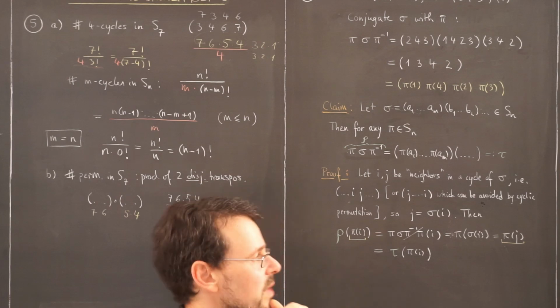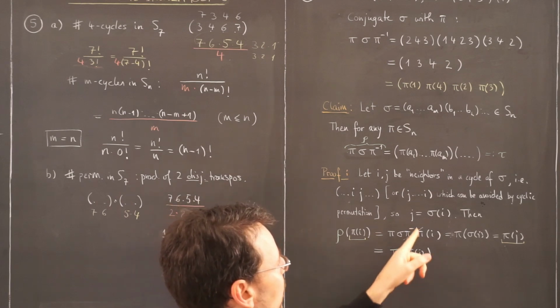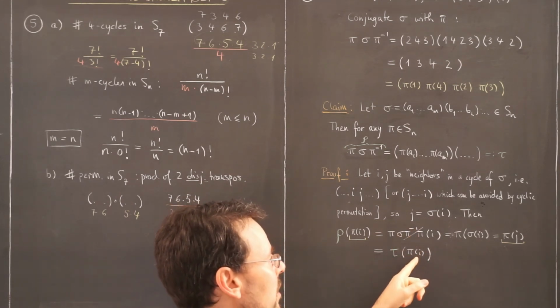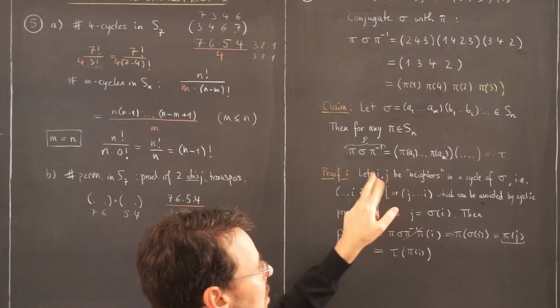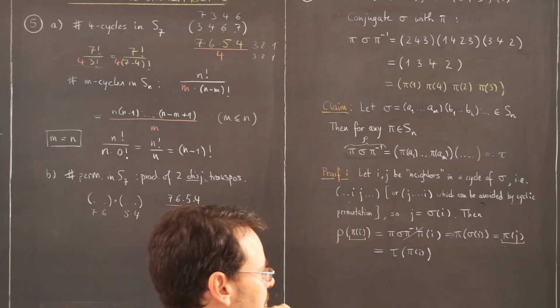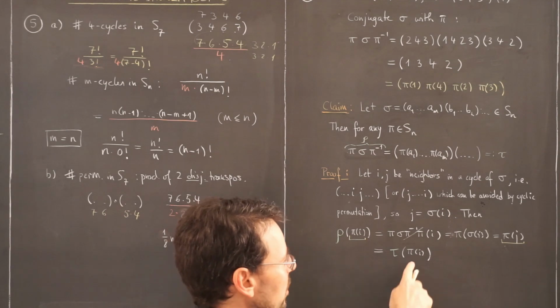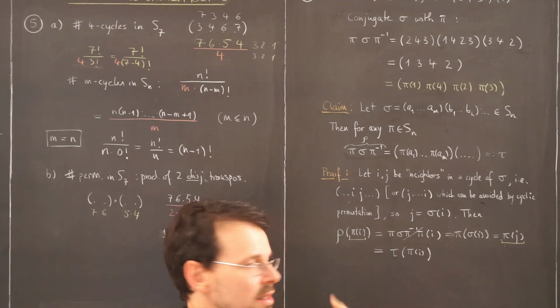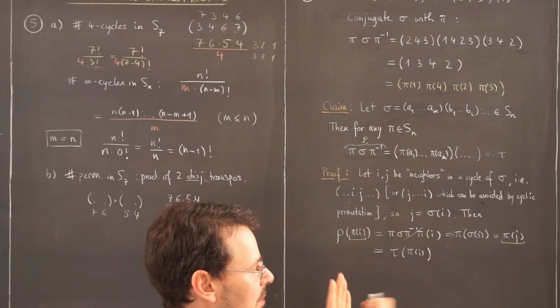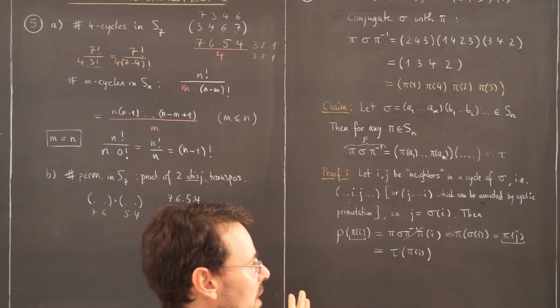Now wait a minute, you might say, did we really check all the numbers? We simply took neighbors here. Well, first of all, pi is a bijective map from the numbers 1 to n to the numbers 1 to n.